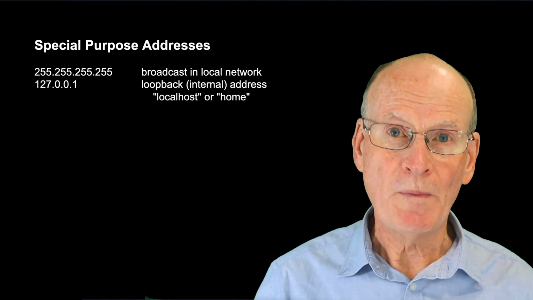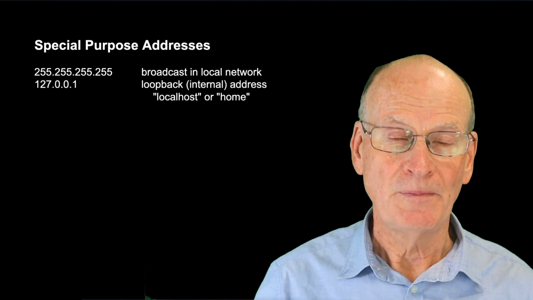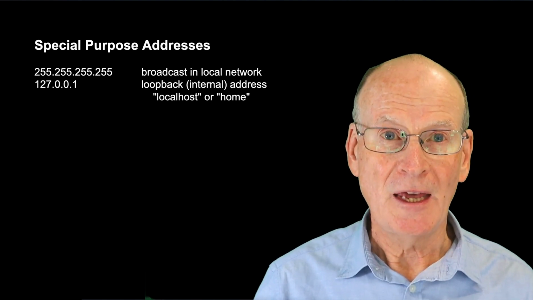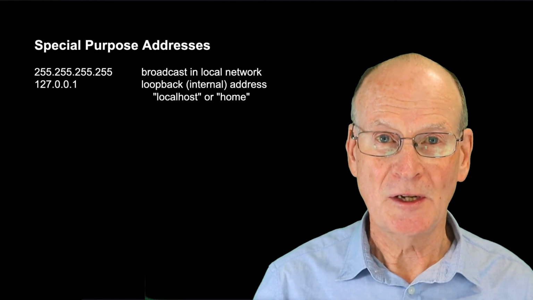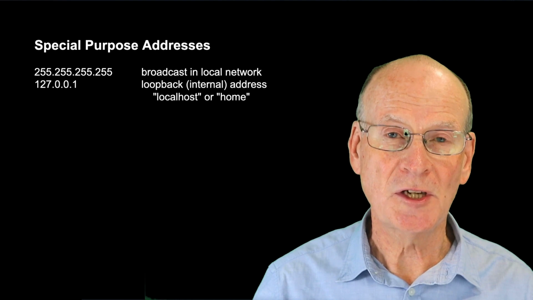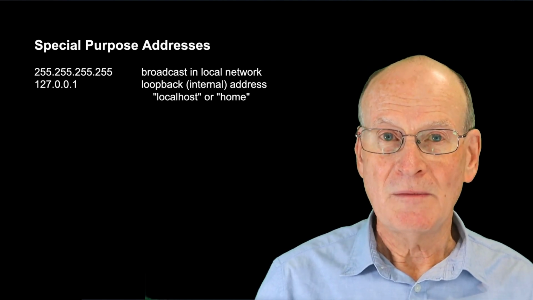There's also the loopback address, 127.0.0.1. This is completely internal to the computer itself and doesn't appear on any interface. So this one is unusual. It doesn't name a particular interface, it's just inside the computer. We give a name to this.